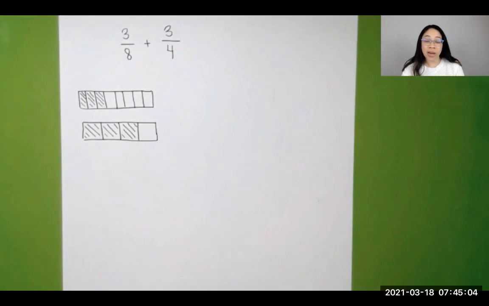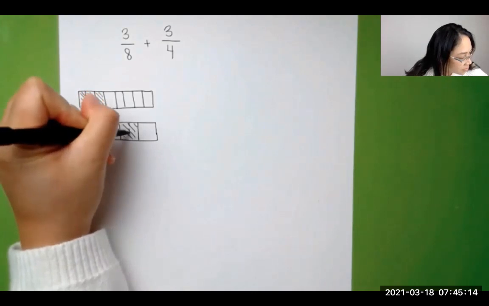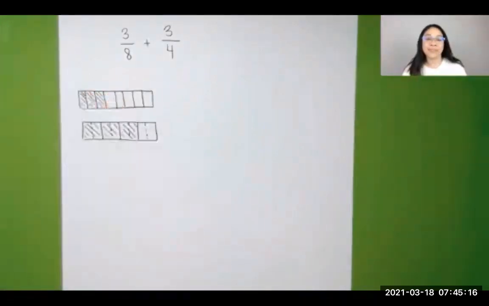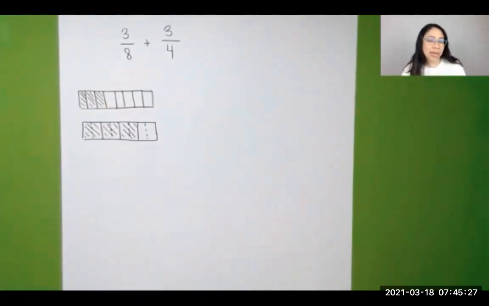We can draw dotted vertical lines to show each fourth decomposed into 2 equal parts. We decomposed the larger unit of fourths into eighths and found that 3/4 equals how many eighths? 6/8.